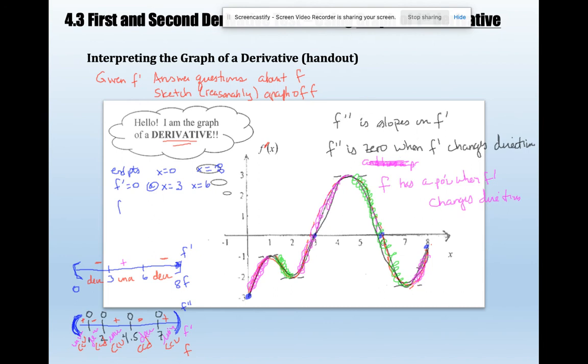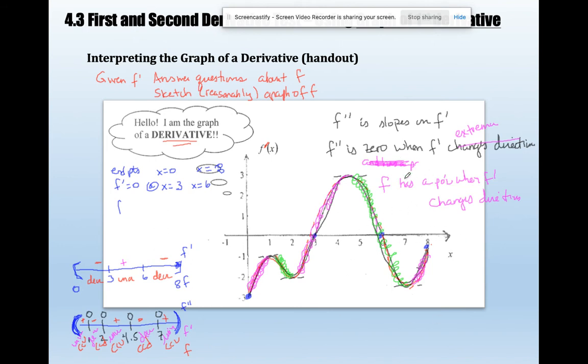Because f double prime, the slopes on f prime, is equal to 0 when the first derivative has a max or a min, I should say extrema. Then for your original, every time f prime changes from increasing to decreasing, the original changes from concave up to concave down. So you can use the graph of the first derivative without getting a second derivative.